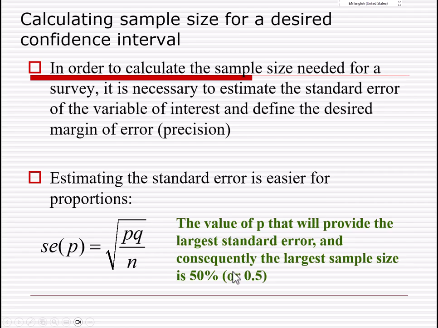Because every survey will have multiple questions, and each question will have different proportions, we take 50% yes as the most conservative proportion, and we calculate sample sizes based on that.